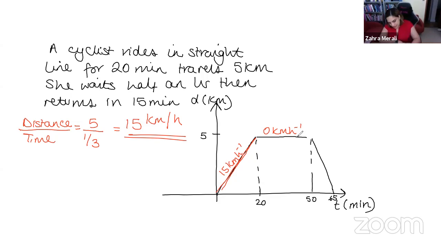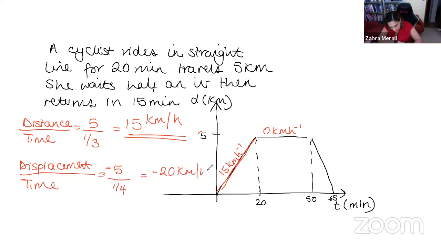The displacement is 5, so your displacement divided by your time. Your time is 15 minutes, which is 1/4 of an hour. So we're going to get, and I've got -5 because we're going in the other direction, kilometers per hour. So that's going to give me -20 kilometers.